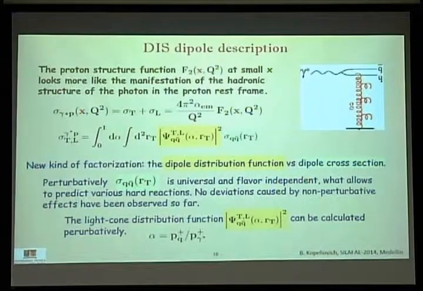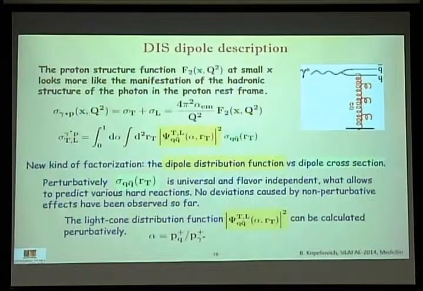And there are different fluctuations. It could be QQ bar plus gluon, etc. So this is the lowest Fock component of the photon. And for this component, we can write that cross-section of the photon is given by the light cone distribution function of QQ bar in the photon times the cross-section of interaction of this QQ bar dipole with the target.